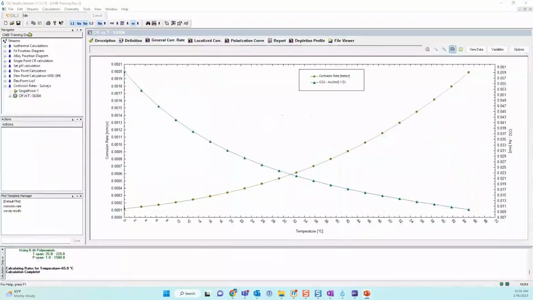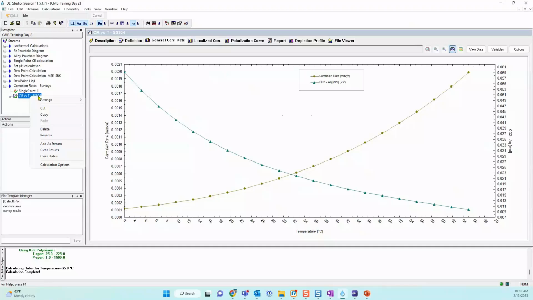Okay, so we have our single point, our single survey. The next step is, I want to add an extra variable to this study. So I'm going to reuse the same corrosion rate survey that I did before.